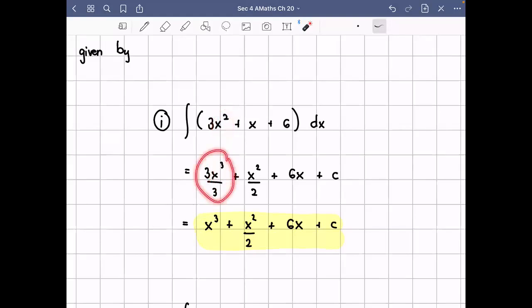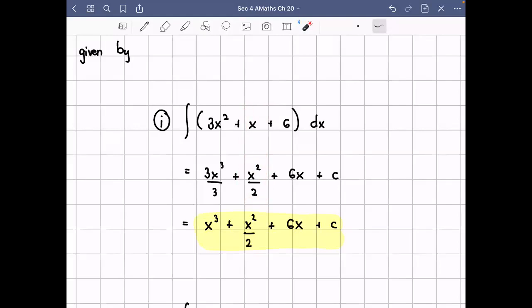What is the antiderivative of x? Since it's x, 1 plus 1, the antiderivative of x is x squared over 2, because 1 plus 1 gives you 2. And again, whatever your index is will also be your denominator.